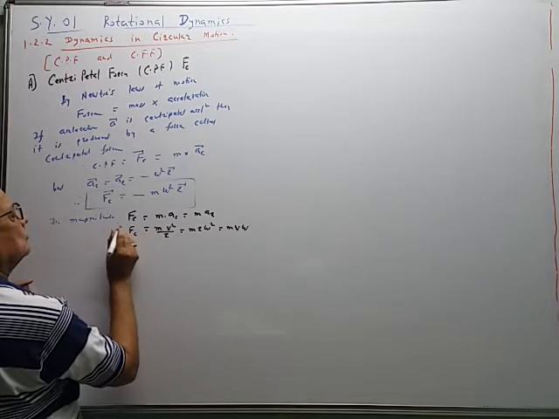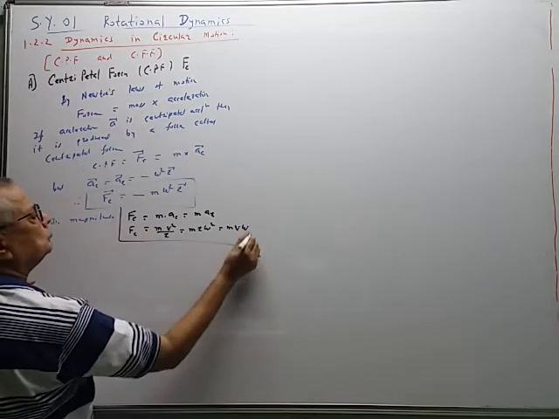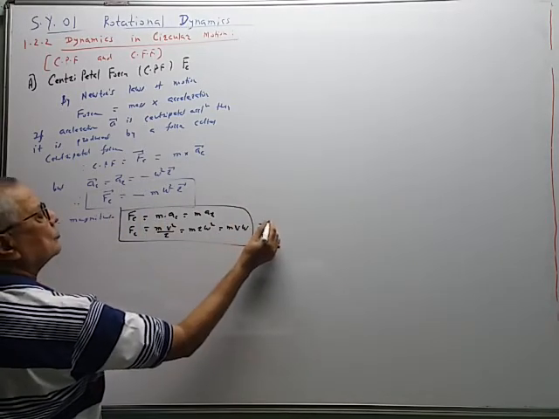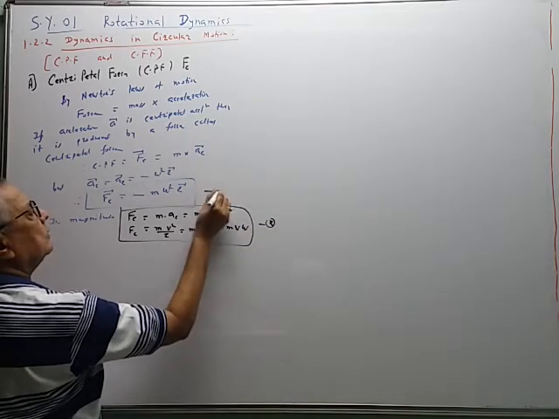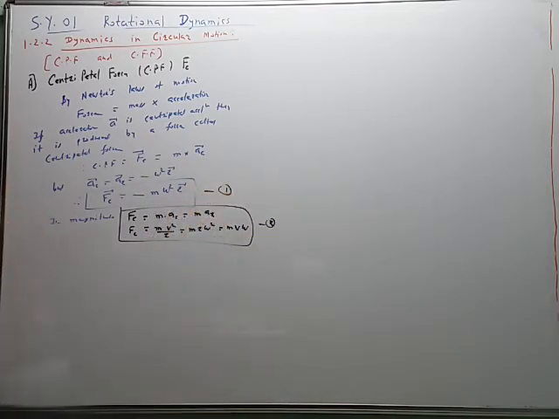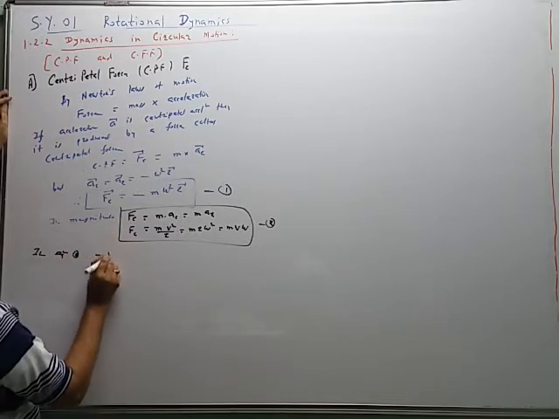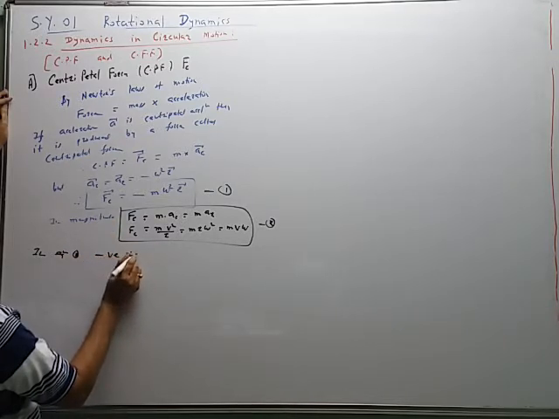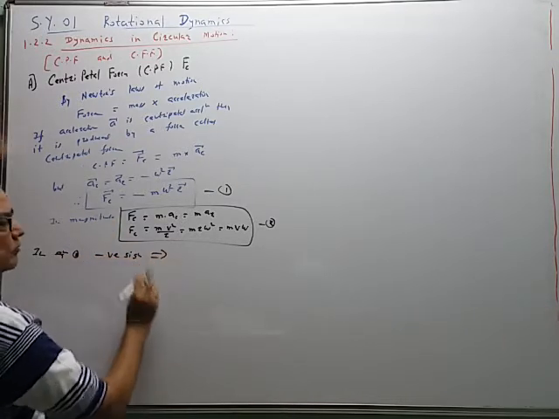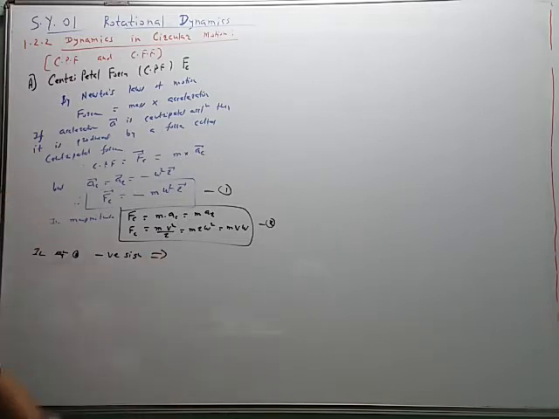So this is equation 2, which gives the magnitude, and this gives the direction as well as magnitude. So in equation 1, negative sign, vector equations are rule. Same sign, same direction, opposite sign, opposite direction.